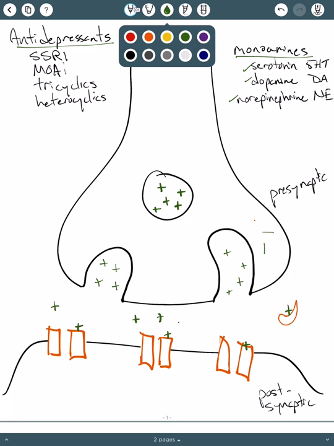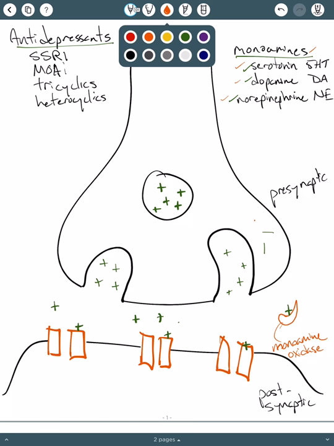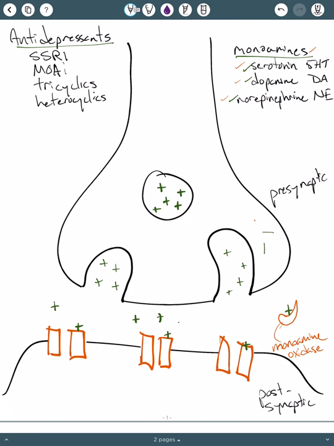So these are enzymes, and this one particular enzyme is called monoamine oxidase. It takes apart monoamines like serotonin, dopamine, and norepinephrine. So you can break transmitter molecules down.